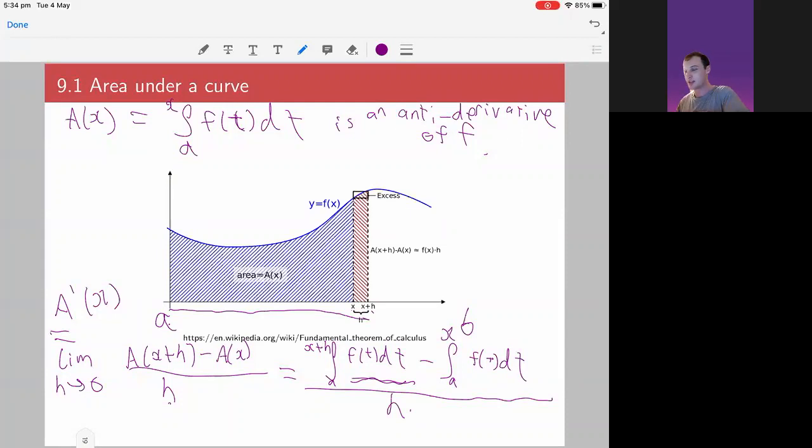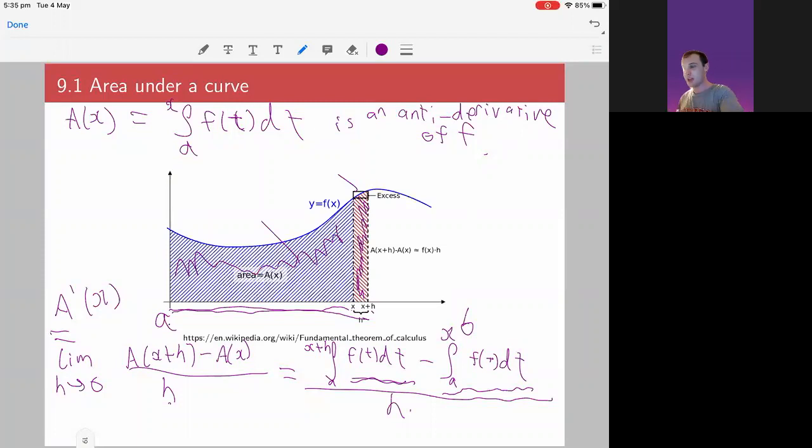In particular, it gets both the red and the blue bits. However, this integral here, minus the integral from a up to x of F of t dt, that's only capturing this blue area here. So we've got blue plus red minus blue. That's exactly this red area here.